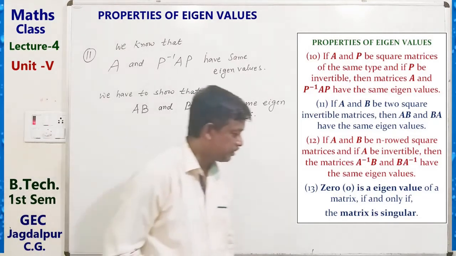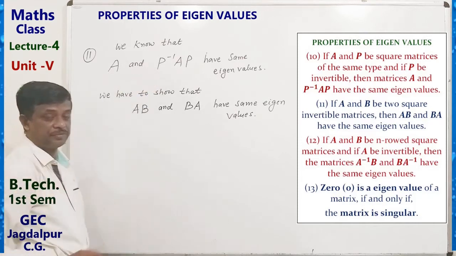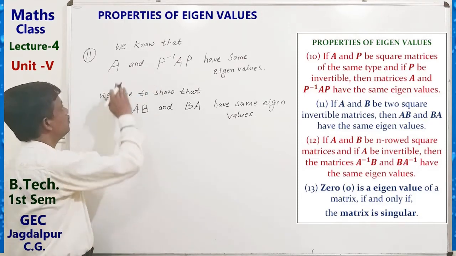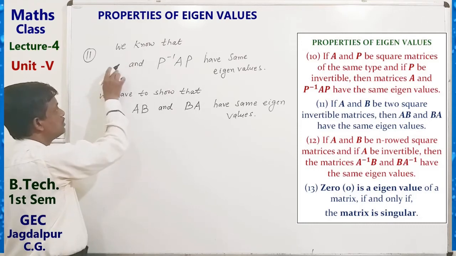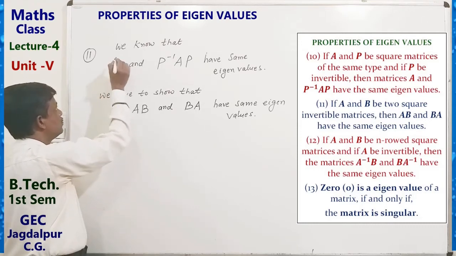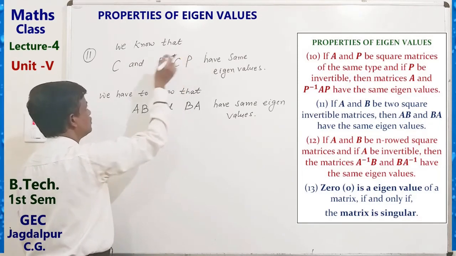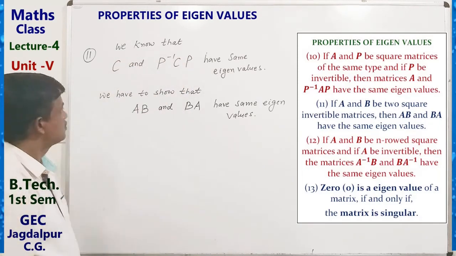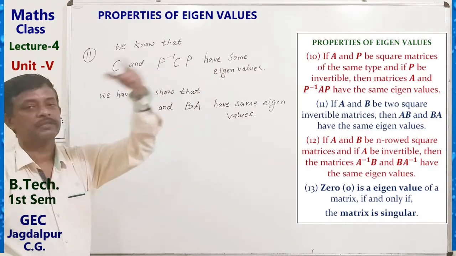For this, we can write AB. Just use this property, okay? We know here, just suppose C is a matrix. So C is a matrix, C and P inverse C P have same eigenvalues.